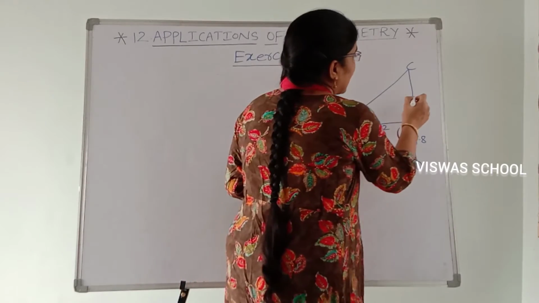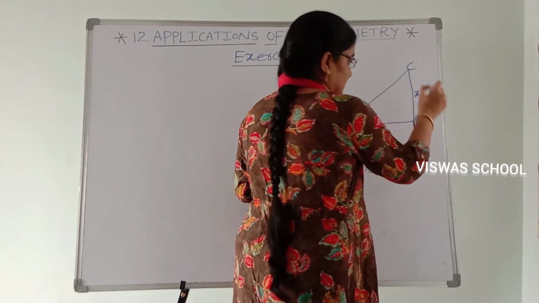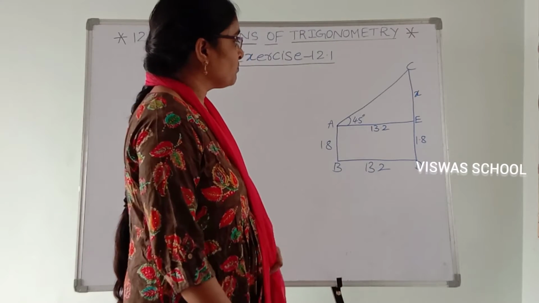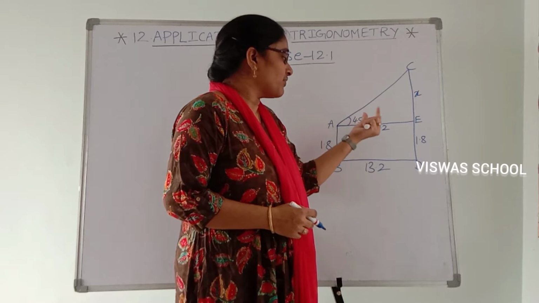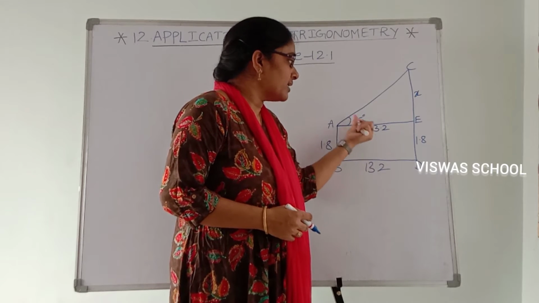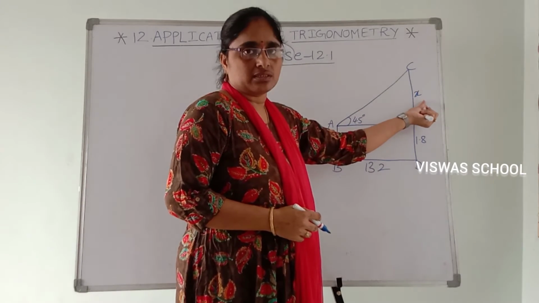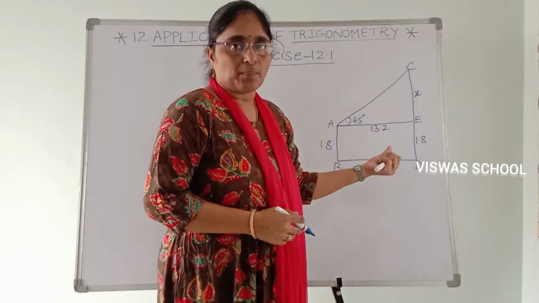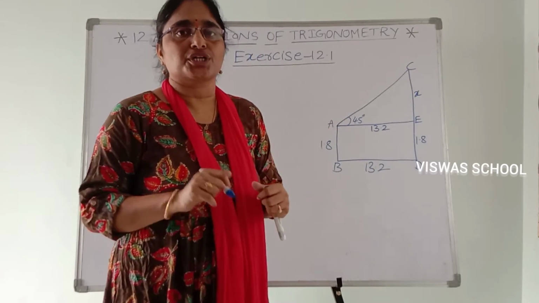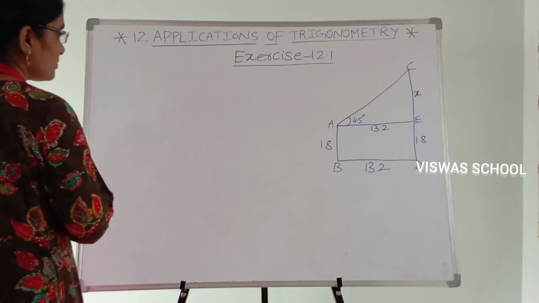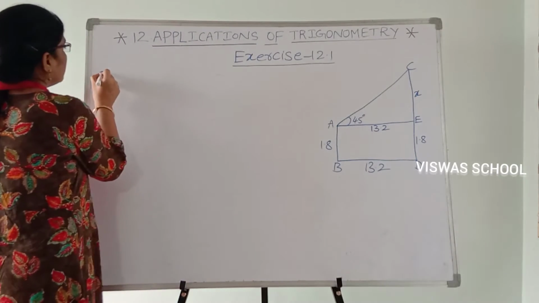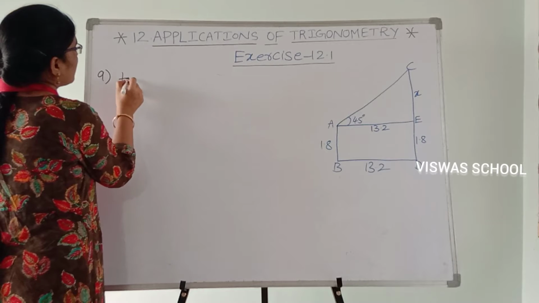Here I am taking this CE as X. This is 45 degrees. This is the adjacent side and this is the opposite side. Related to opposite and adjacent, the trigonometric ratio is tan. Here tan theta is equal to what?